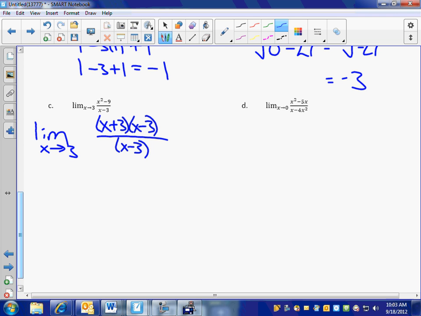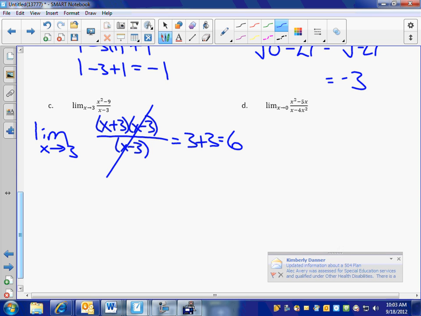Okay? So, what cancels off? So this function actually looks like x plus 3. So now, can I plug the 3 in? So that's equal to 3 plus 3, which is 6. So I didn't have to write limit anymore because I actually plugged in the 3. But for notation, you do have to write it.